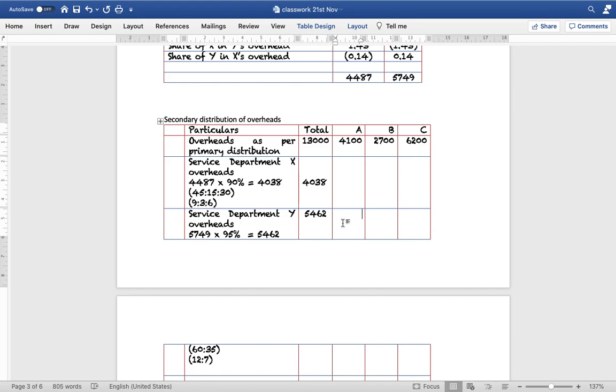So department A, you'll get, first we'll complete the first one. It is 2019, 673, 1346, $3,450, 2012.